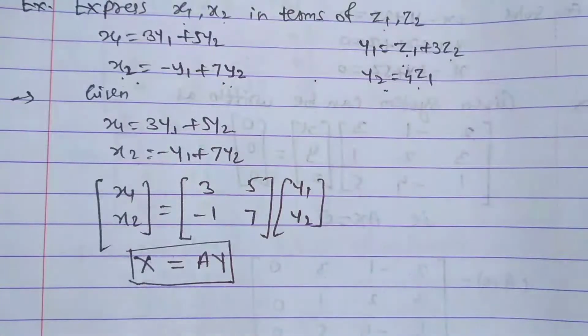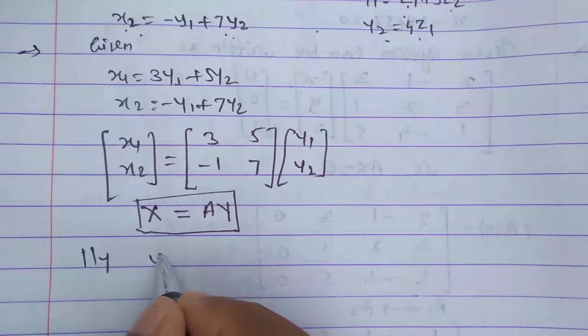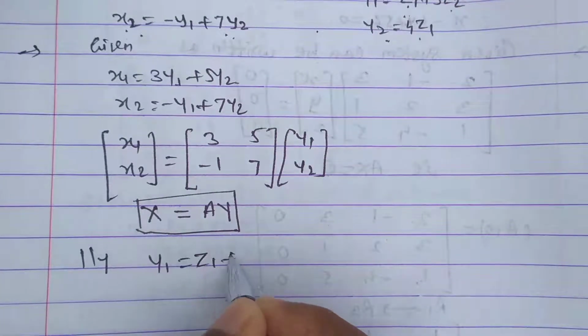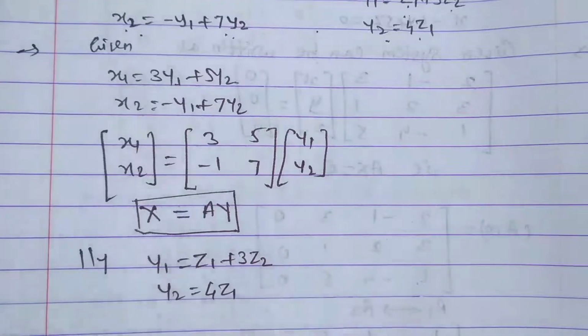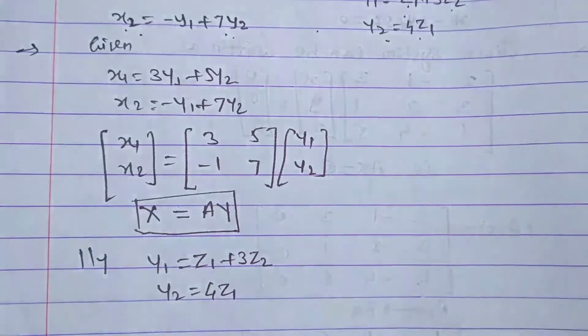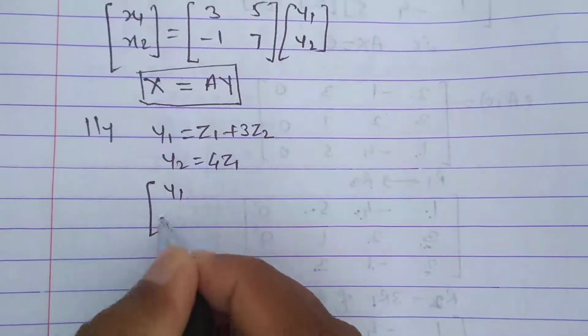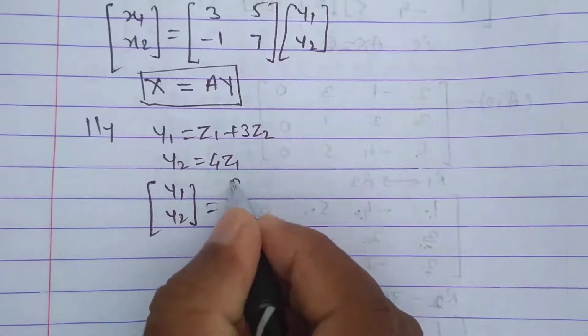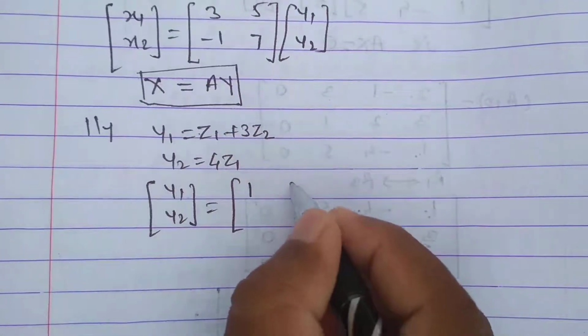Similarly, the second transformation is given as y1 is equal to z1 plus 3z2 and y2 is equal to 4z1. We can write this transformation in matrix form as column matrix y1 y2 is equal to the matrix of coefficients 1 3.